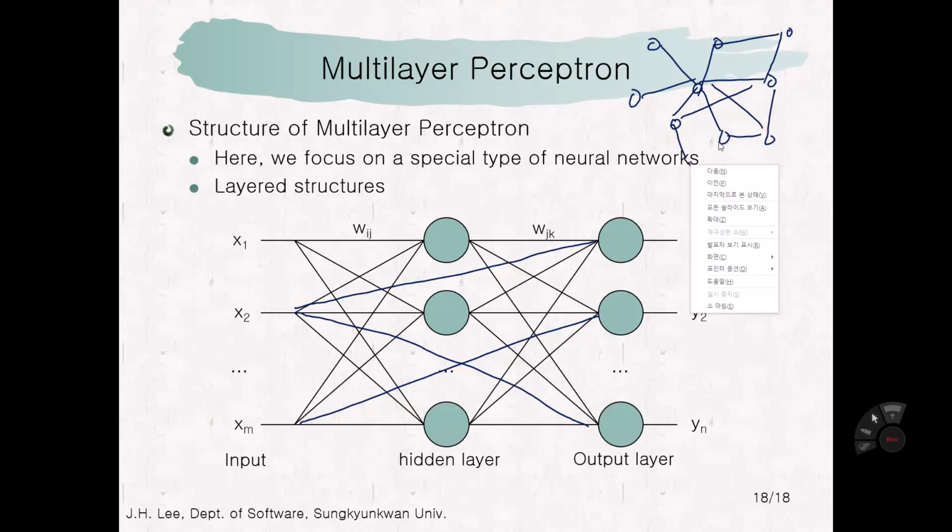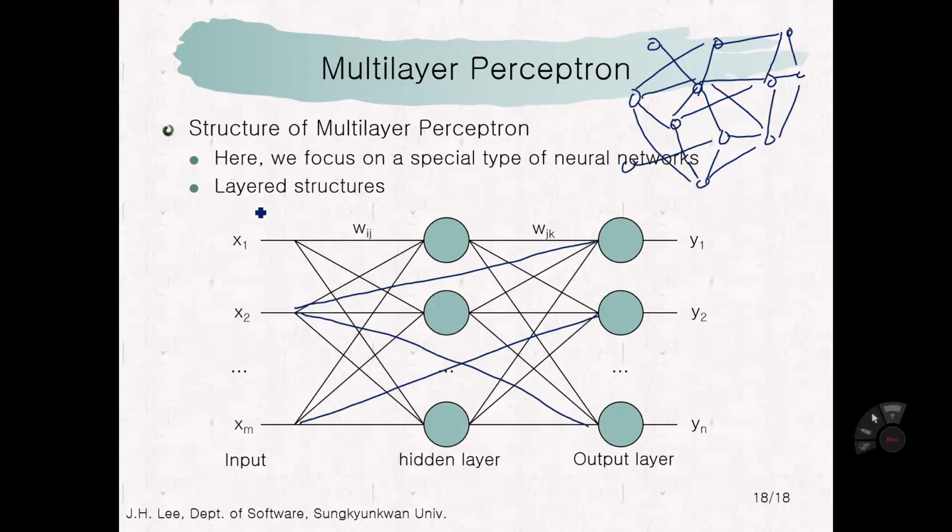Okay, they are connected to neighboring neurons, but in some random pattern like this. But this neural network does not look like there is some rule, right? So you may think that this structure of neural networks and the structure of neurons in our brain are not the same.